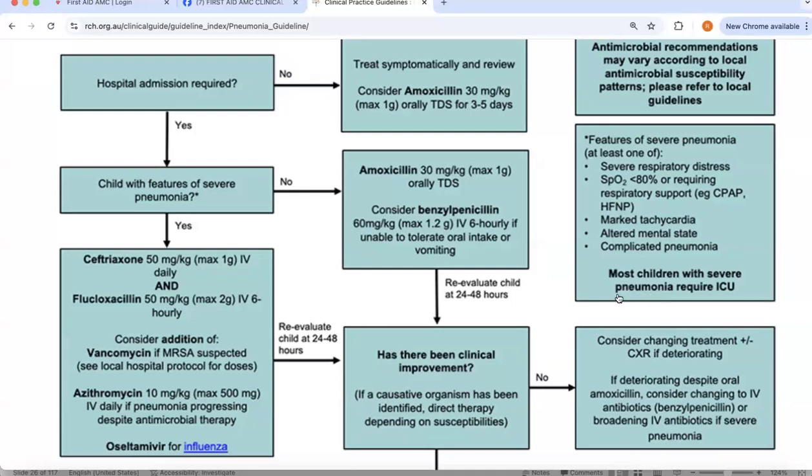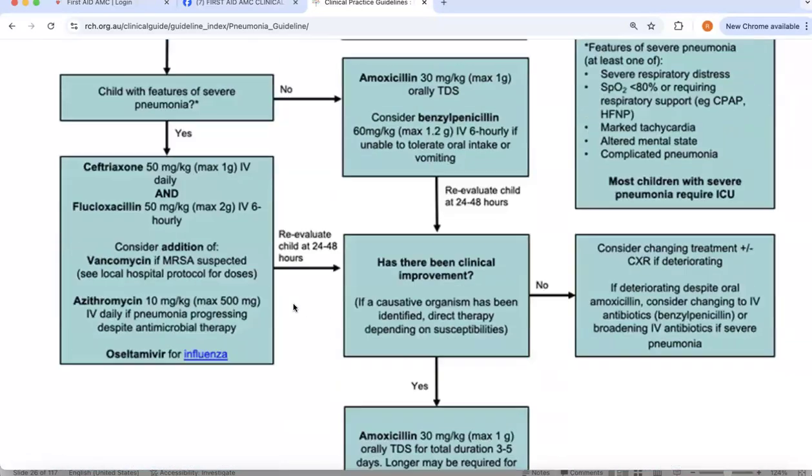This guideline is enough. We don't follow any other guideline except this one. Okay. All right. So this was the one that we would follow.